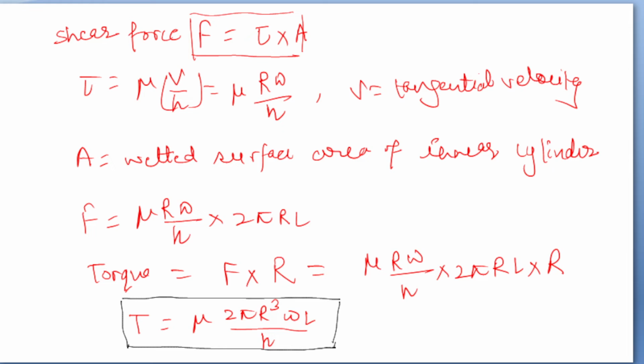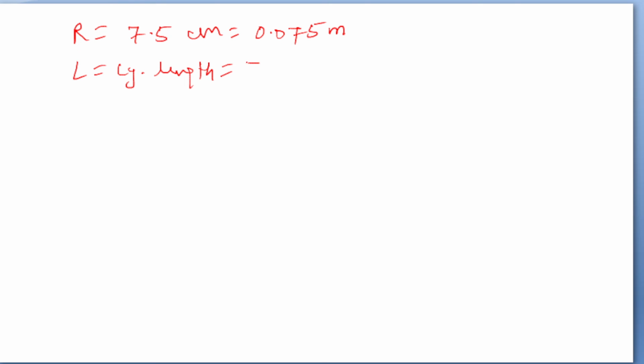Now it is given that the radius is 7.5 centimeter, which is 0.075 meter, and the cylinder length L is 75 centimeter, which is 0.75 meter.